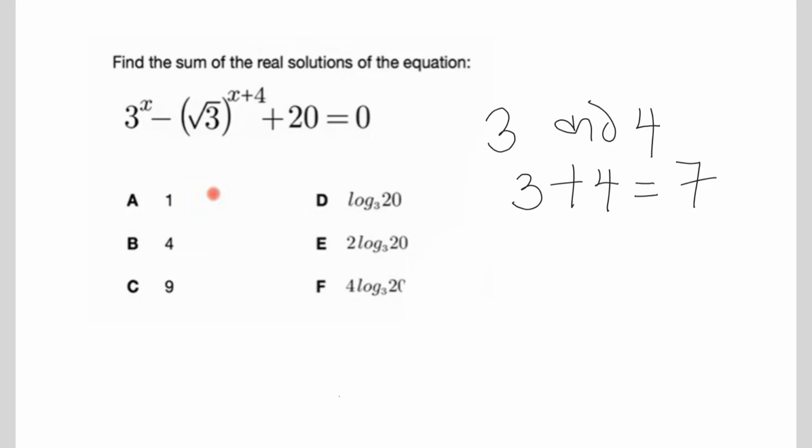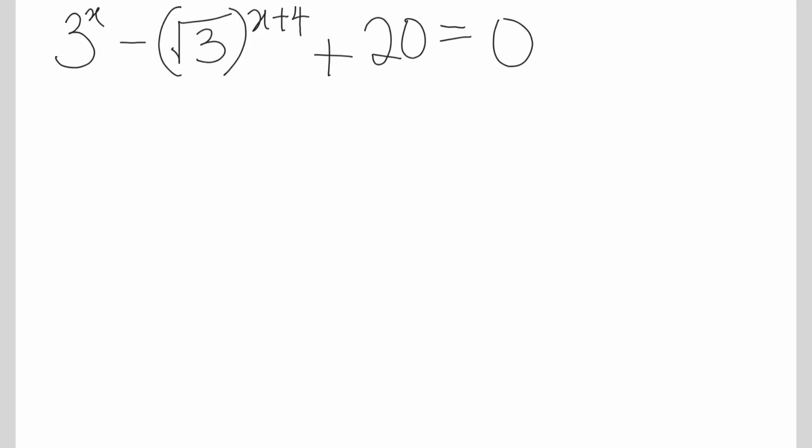Now let's quickly go into the question fully. So the first thing we're going to be doing here is splitting this: the square root of 3 raised to the power of x plus 4.